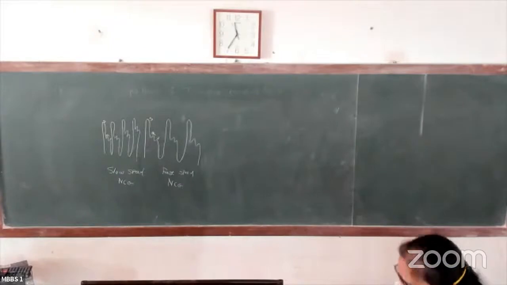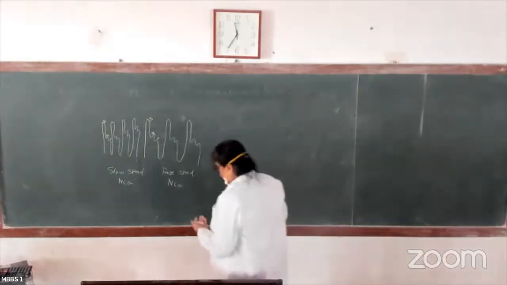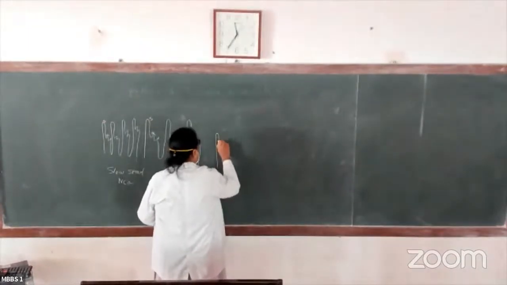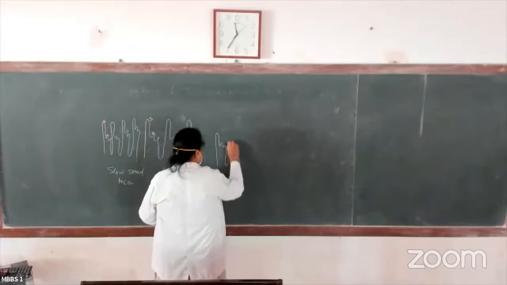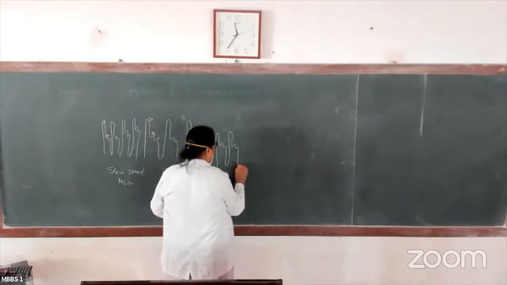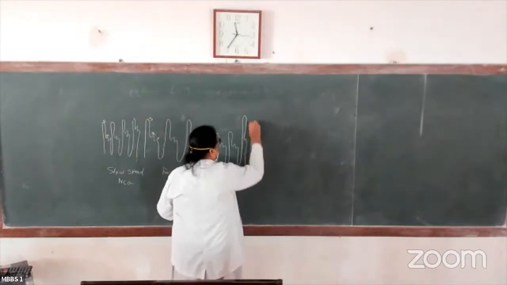So this is the normal cardiogram. Then we will draw the graph of the effect of temperature on the normal cardiogram. For this also, first you have to draw the normal 2 to 3 beats. Then pour the warm ringer solution and record the activity.